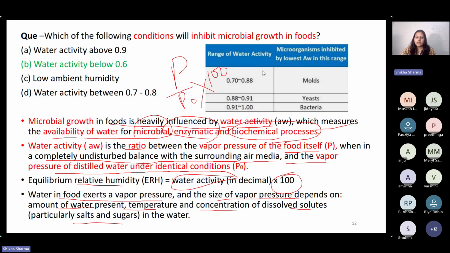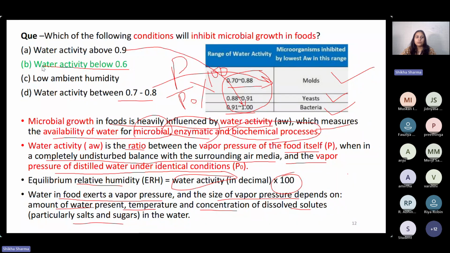If we see the range of water activity, if it is very high, above 0.91, bacteria can easily grow; at 0.88 to 0.91, yeast can grow; and at 0.7 to 0.88, molds can grow. So water activity between 0.7 to 0.8 can lead to growth of molds, and if it's greater than 0.9, bacteria can grow. Also, if it's greater than 0.7, yeast can also grow.